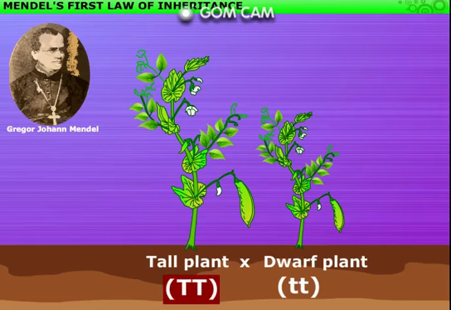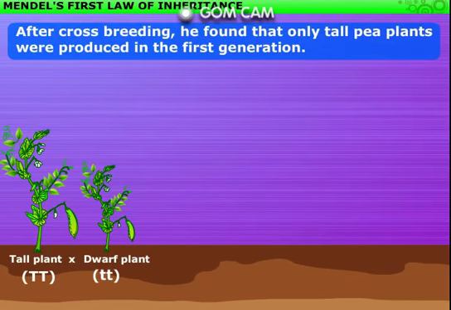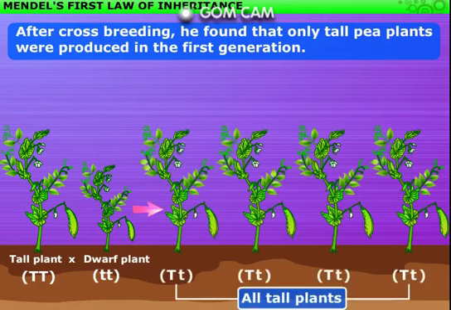The two capital T's represent the genes for purebred tall pea plants, while two small t's stand for purebred short pea plants. After crossbreeding, he found that only tall pea plants were produced in the first generation.